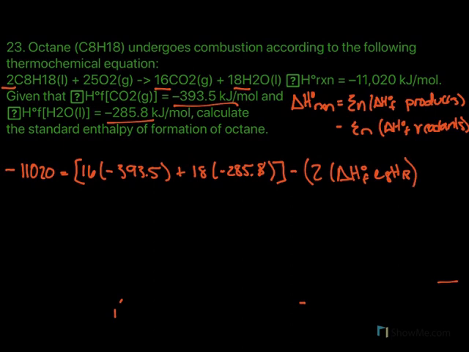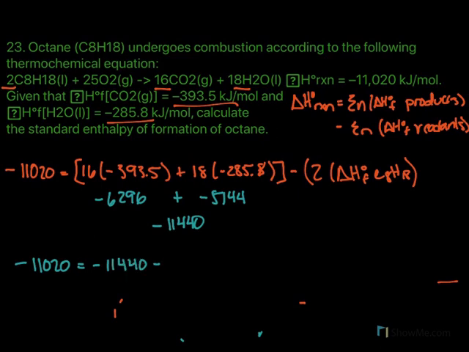So let's go ahead and solve this part. 16 times negative 393.5 is going to be negative 6,296, and then this will be negative 5,144. If we add those numbers together, we'll get negative 11,440. So we've got negative 11,020 is equal to negative 11,440 minus 2 times the enthalpy of formation of octane.